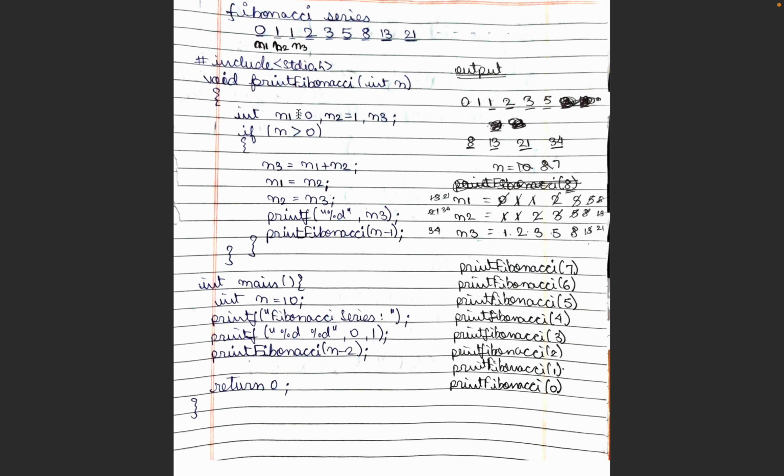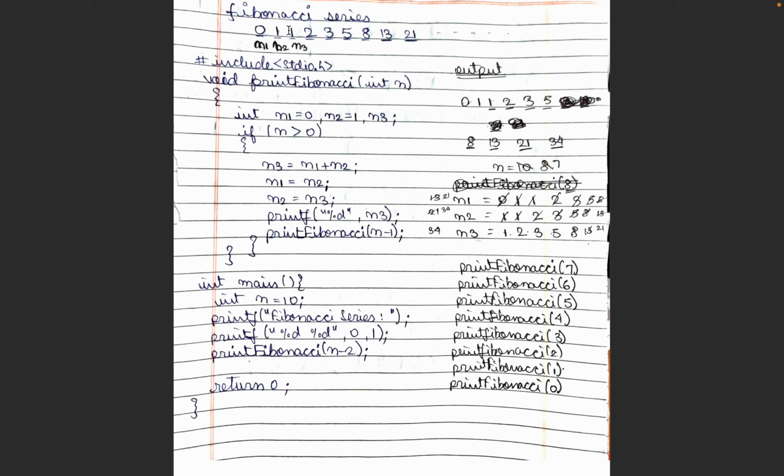Here again we see, 0 and 1 we have printed, so the same numbers we are storing in n1 is 0, n2 is 1. So 0 and 1 I have covered up with n1 and n2. n3 will be the sum of n1 and n2, and then I will shift my 3 numbers back.